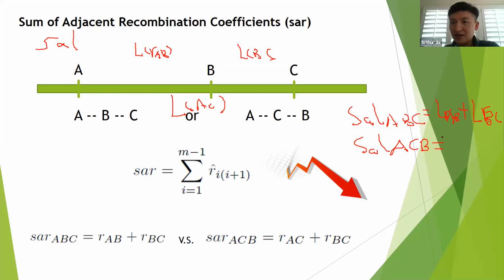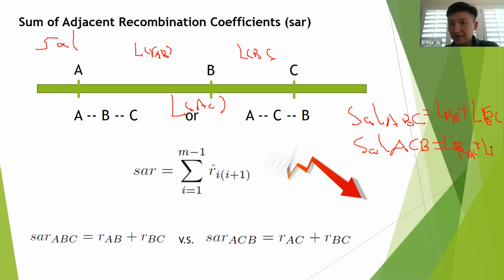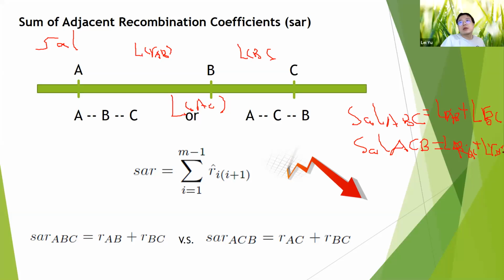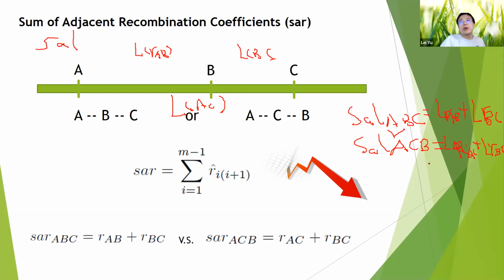And this should be the likelihood of RAC plus the likelihood of RCB, RBC, right? Now it's not that straightforward that this will be greater than this, right? Okay, let's do the proof.